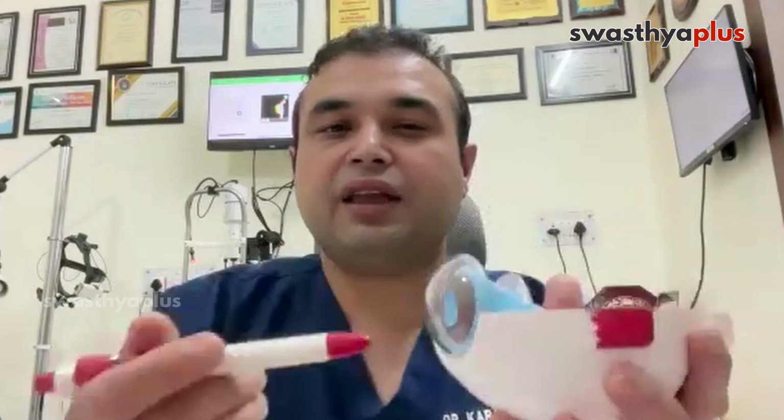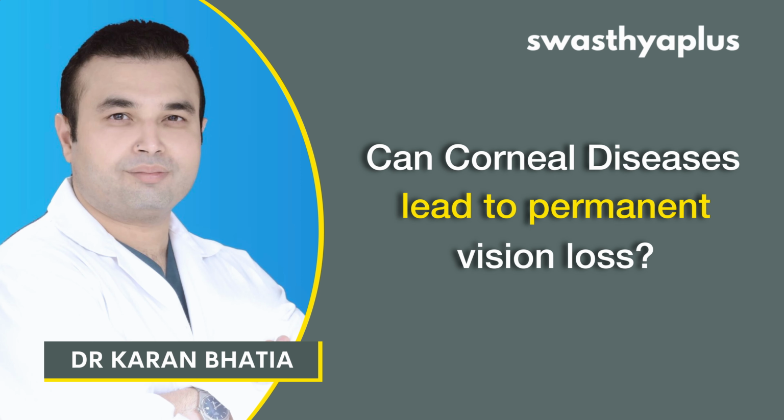Since light enters through the cornea, anything which is involving this will definitely affect your vision. Mostly corneal disorders are treatable, particularly when you come in time. The good thing is that you can do a corneal transplant and cure that corneal disease for good.